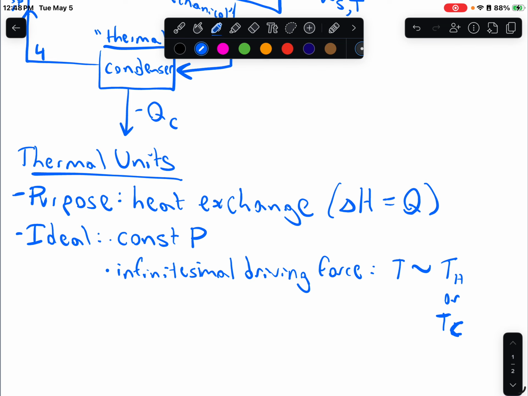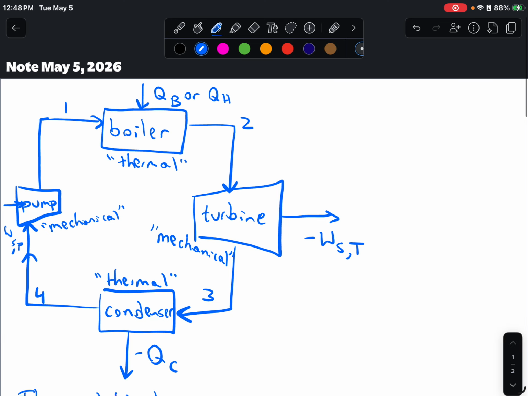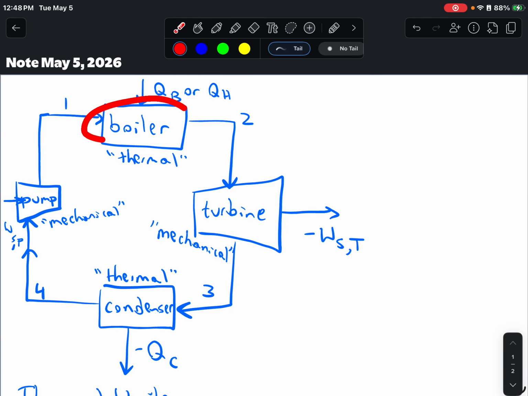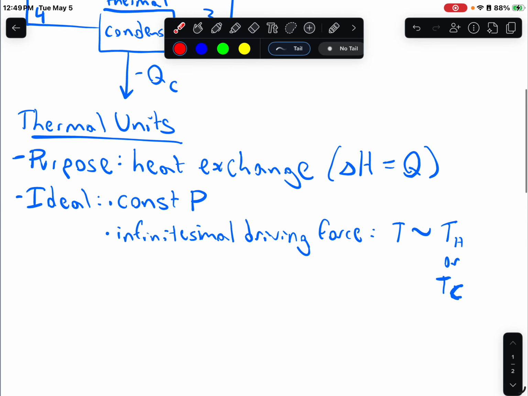This is kind of natural if we use a two-phase system. Notice that the boiler would have a liquid going in and a vapor going out. So if we assume this is a saturated liquid and this is a saturated vapor, or somewhere in between, it's kind of natural for the temperature to be pinned at the boiling temperature for that particular pressure.